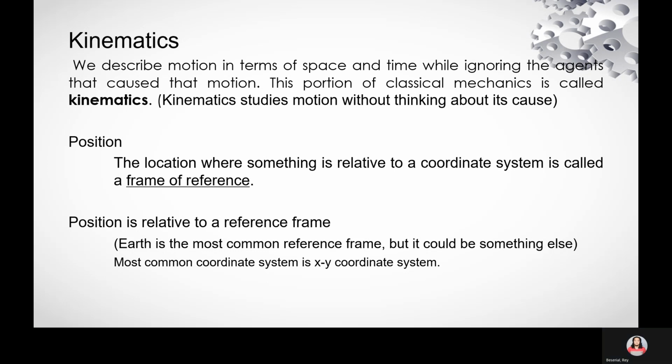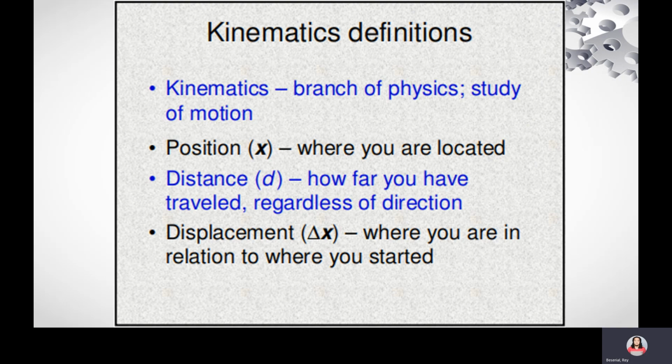Okay, next. So, recap lang natin. Another brief kinematic definition. So, kinematics is a branch of physics that studies motion. And then yung ating position, which is denoted na small letter x, it specifies where you are located.